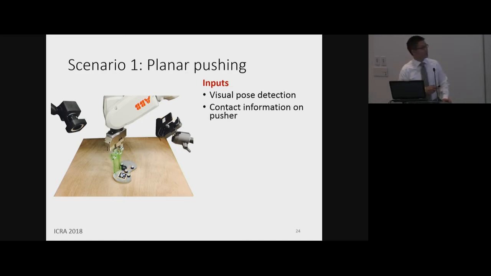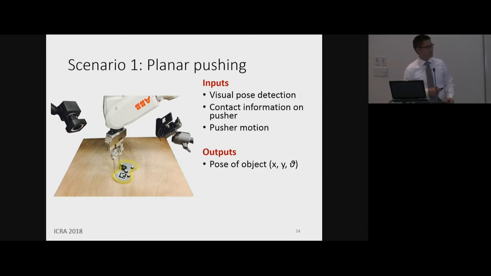We collect contact information from the pusher by having two force torque sensors at the base of the fingers. And we have the pusher motion from the robot. This is an industrial robot, so it has pretty accurate encoder values. And the outputs are the poses of the object in real time, so x, y, theta of the object.